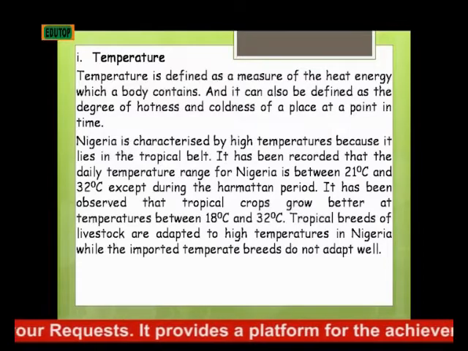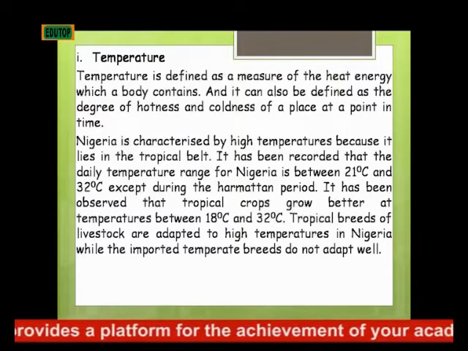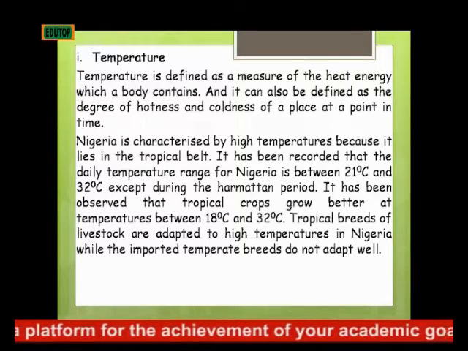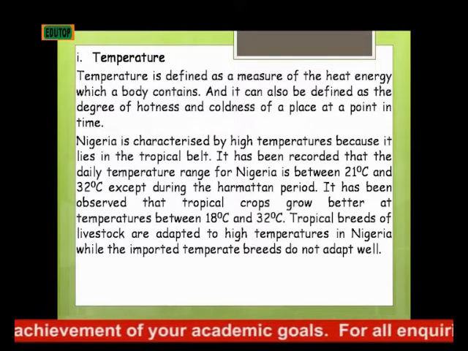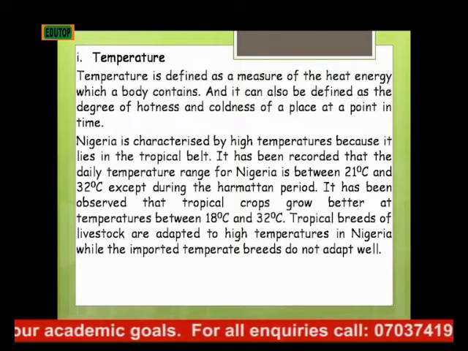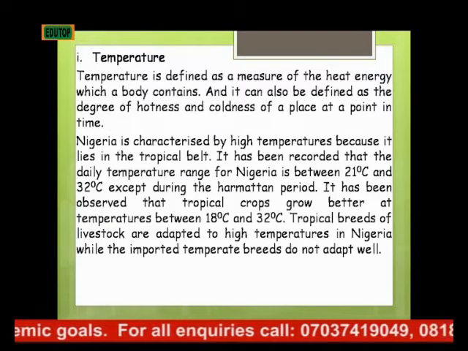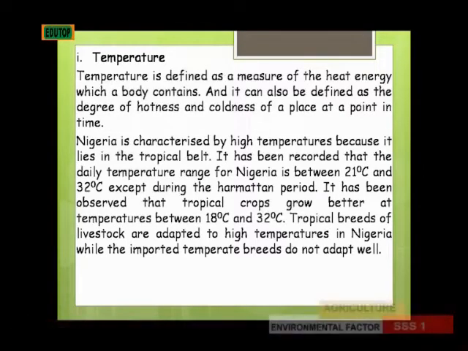If you bring maybe a polar bear from Canada, within the shortest period of time, it's going to die in Nigeria. Why? Because of the fur it has developed to adapt to the cold situation in Canada. So bringing it here, the temperature within its body will be too high for it to survive.